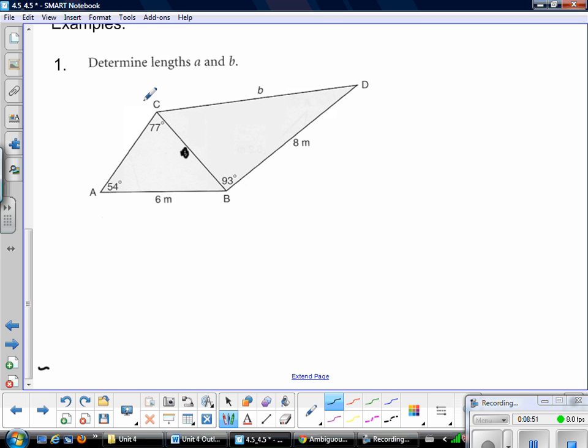So often when you have two triangles, you have to find something that's in common between the two. In this case, it is side A that I have to find in order to actually solve B. So they were kind of nice here and told us to find A and then B. We can't find B until we do find A.